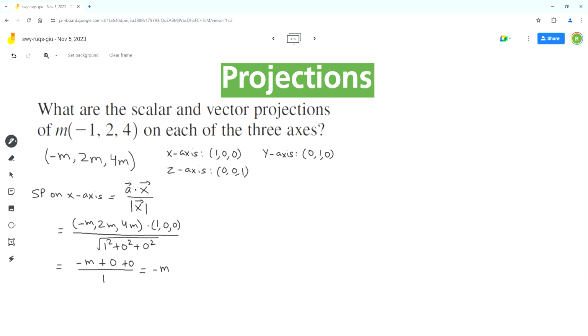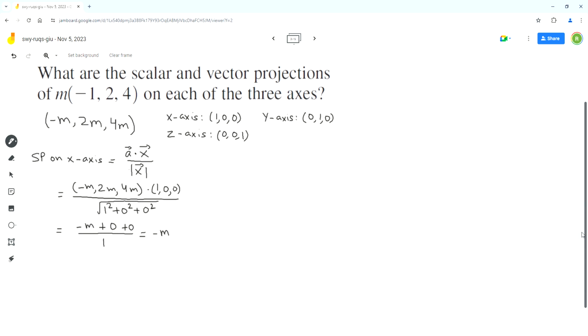Now we can calculate the vector projection on x-axis, and I'll use VP for vector projection. So the dot product we calculated in the scalar projection is negative m.